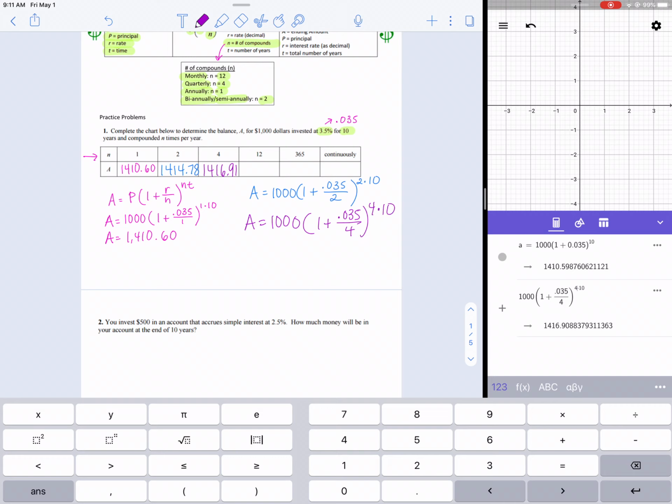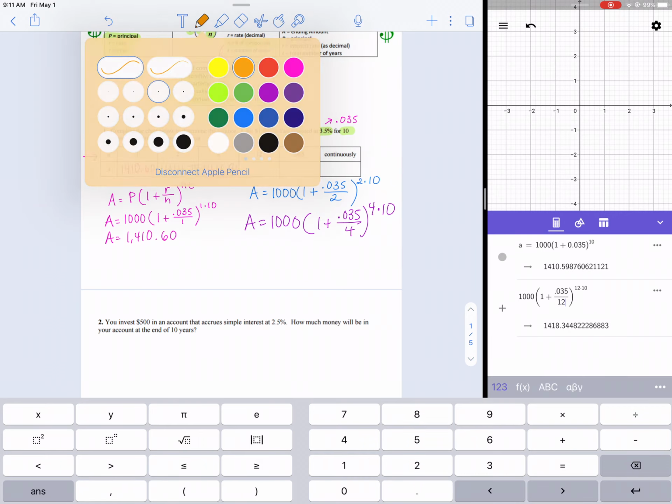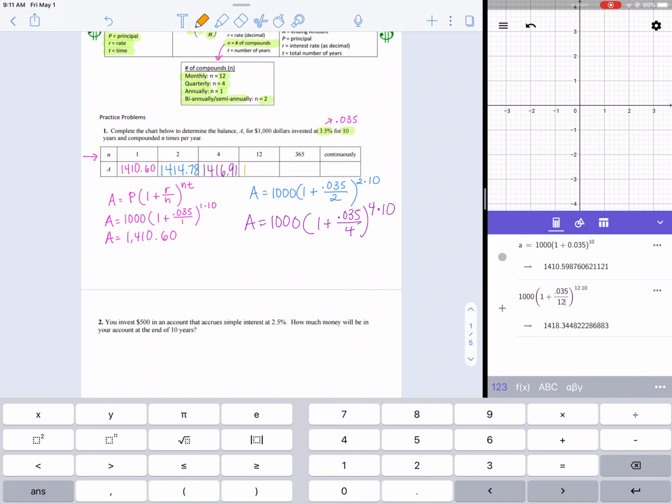Okay, so what number now would I have to change? If I went back, I can make this a 12, and I have to make that 4 a 12. So there's my new number, $1,418.34. Okay.